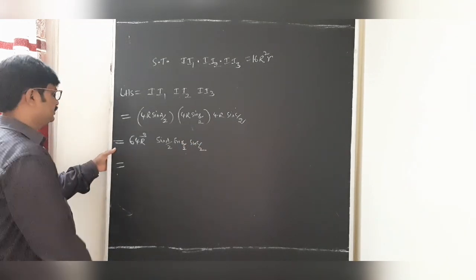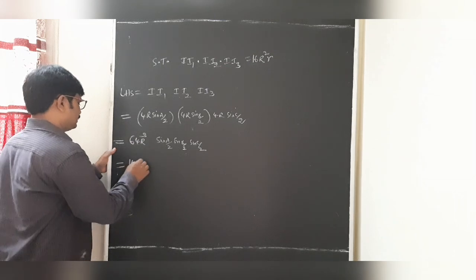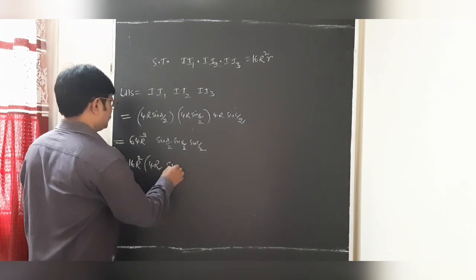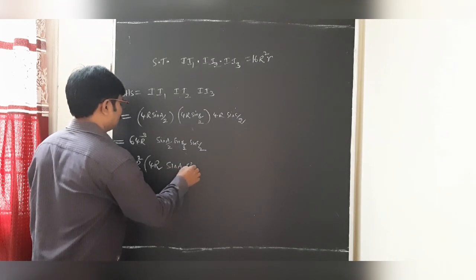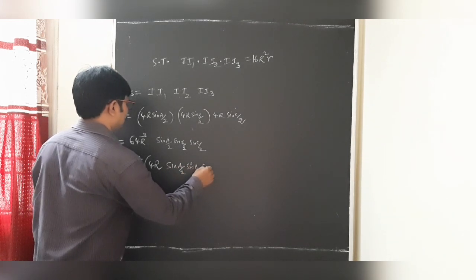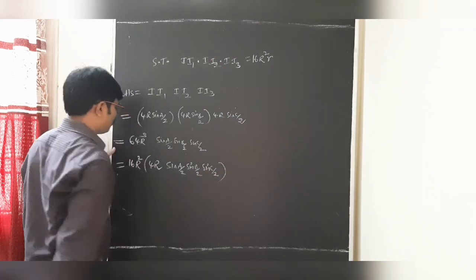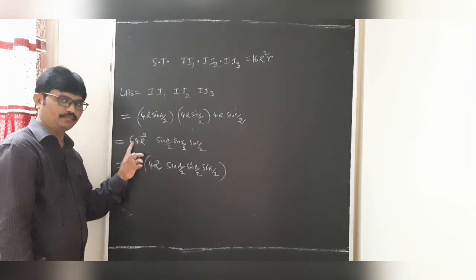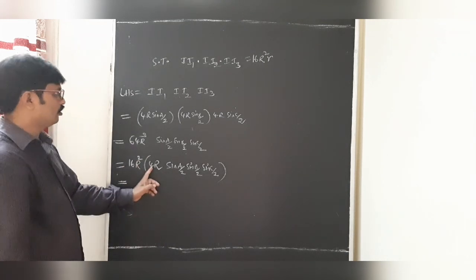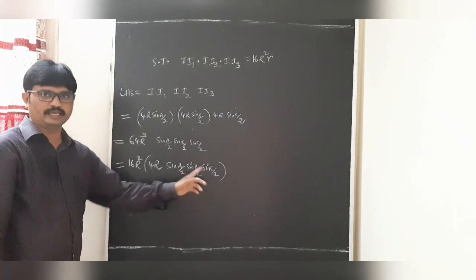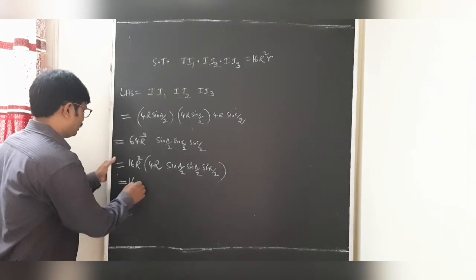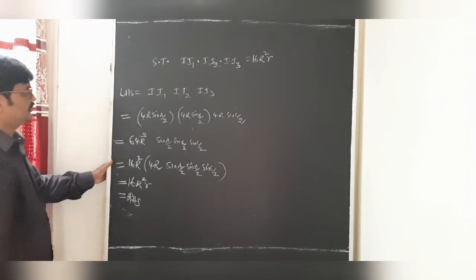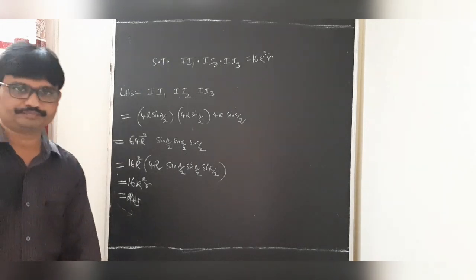So how can you write this? 16 R square into 4R, sin of A by 2, sin of B by 2, sin of C by 2. So 16 into 4 is 64, R square into R is R cube. 4R sin A by 2, sin B by 2, sin C by 2 is the formula of small r. So write down, students, this is the RHS.